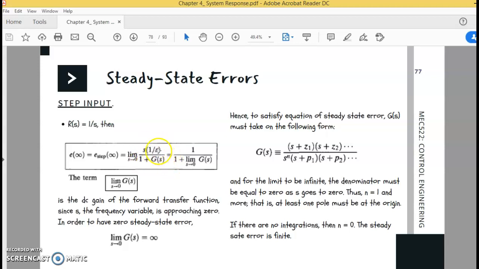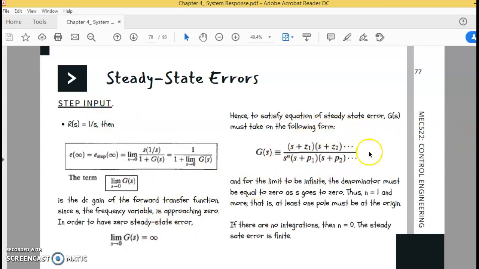Now you replace R by 1 over s and cancel the s. Lastly you get 1 over 1 plus the limit as s approaches 0 of G(s). This limit of G(s) as s approaches 0 is Kp, the constant position, in terms of step input.